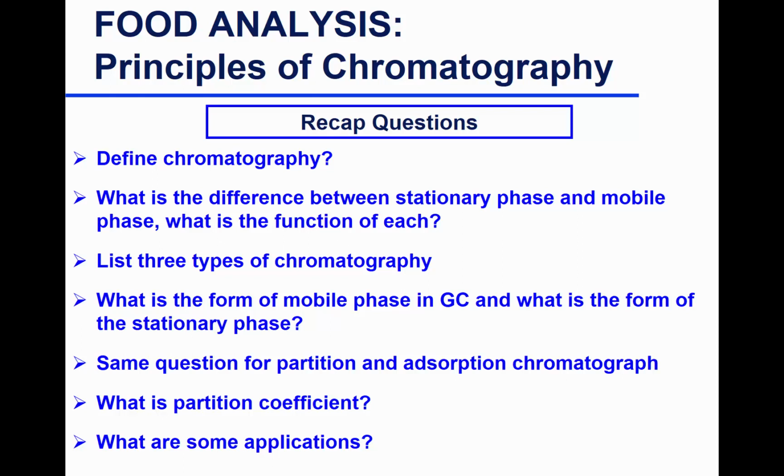And the speed of movement depends on how strongly your compound is interacting with the stationary phase. The more it likes the stationary phase, the slower it's going to move with your mobile phase. Okay? So the less it likes it, it will like the mobile phase more. It will move faster with the mobile phase.